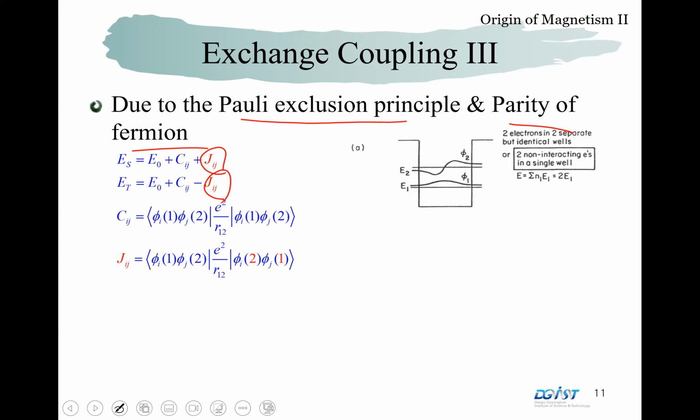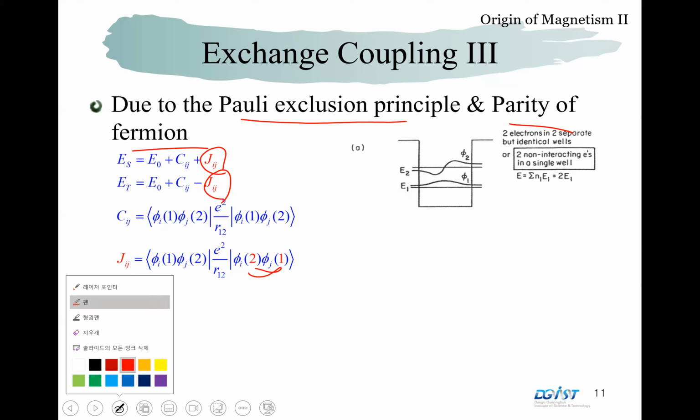But as I mentioned, what happens if you exchange these two electrons? There is some chance they can exchange with each other, but we didn't know if it really happens or not. We need to consider such interactions.